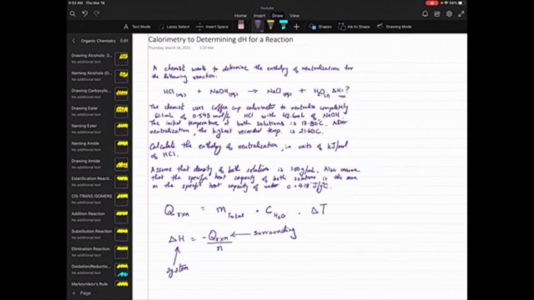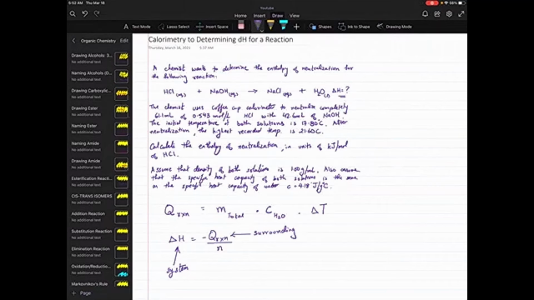The energy of the system is opposite to the energy of the surroundings in terms of sign, because one is losing and one is gaining, but the magnitude is the same. In this case, they want it per mole, and that's why we have to divide this value by the number of moles of HCl we used in this reaction. So I hope that was clear.